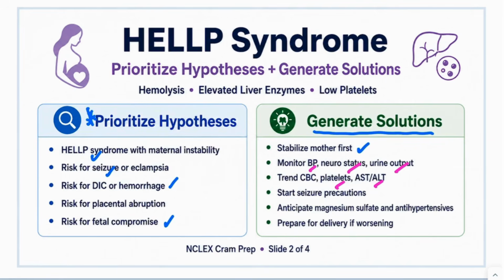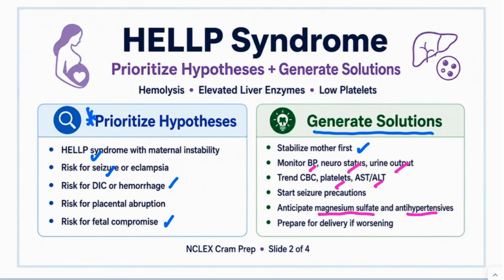Now, anticipate for HELLP syndrome that magnesium sulfate may be administered in order to prevent seizure. And an antihypertensive medication can be used as a therapy for severe high blood pressure.